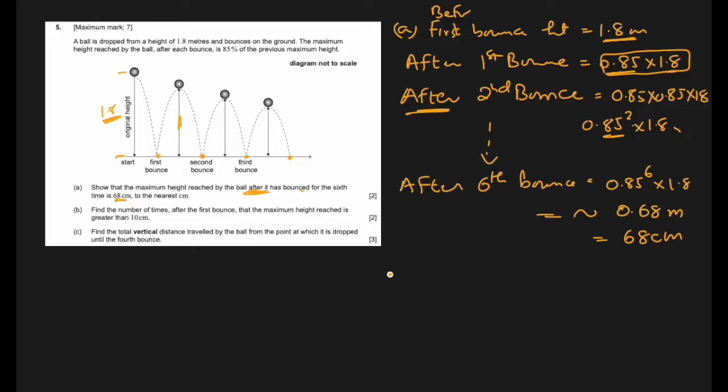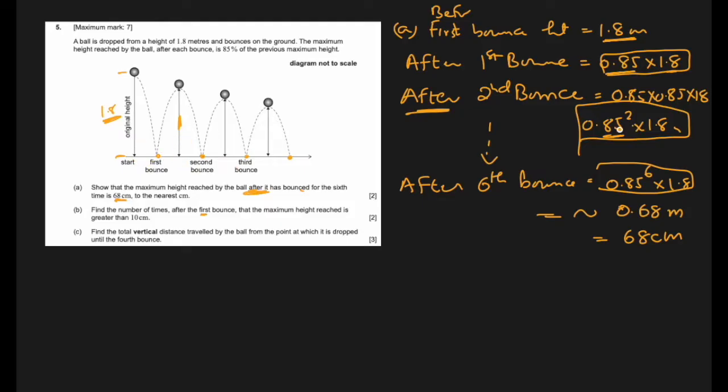Please confirm yourself. Find the number of times after the first bounce that the maximum height reached is greater than 10 centimeters. So this pattern is after the first bounce only, right?